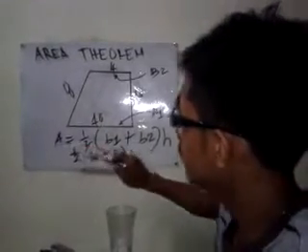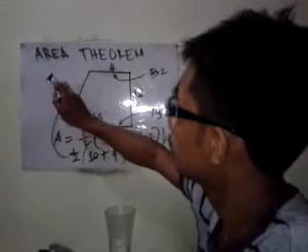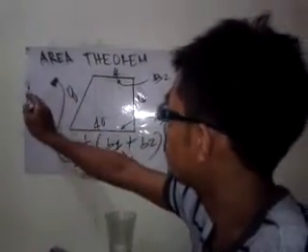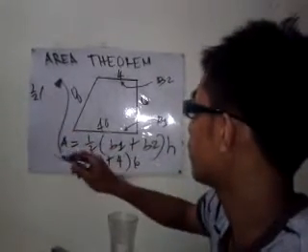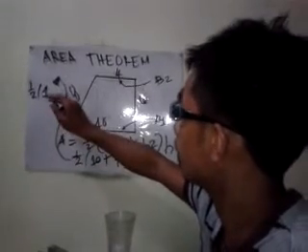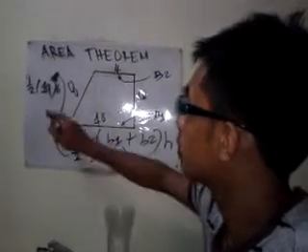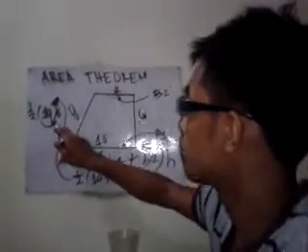I'm going to continue this solution over here. So 1/2 times 10 plus 4 will give us 14, times 6.